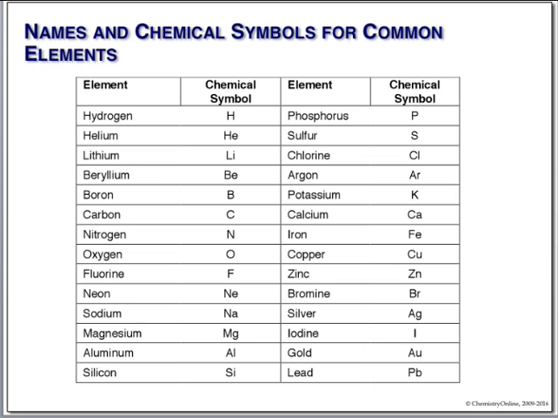Where's sodium? Here, Na. Everyone should know sodium is Na. Okay? Simple. Some of the elements down here are tough to remember. We're not going to deal with those. But the ones that are common that we talk about, please try to know those.